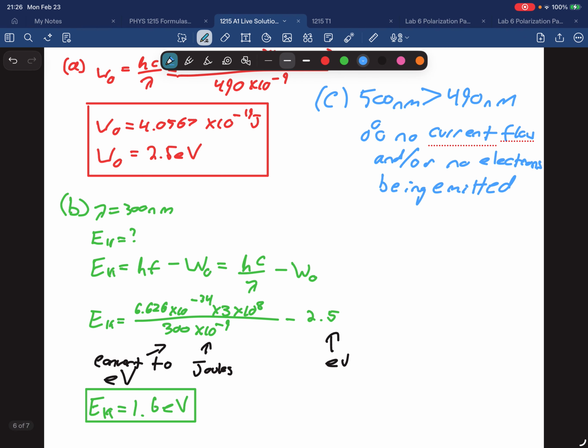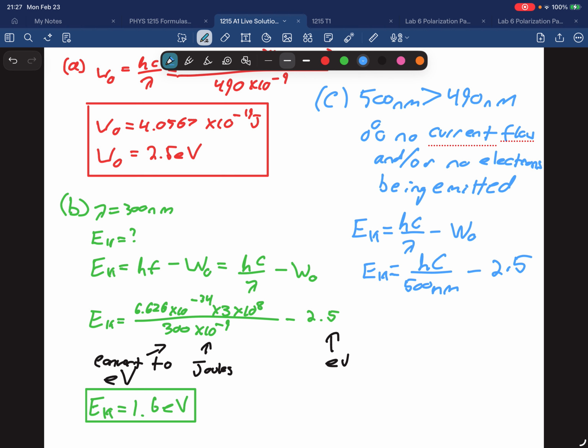If instead you wanted to do the math, it is the exact same as for the part B in green. We get hc. I'm not going to write it out just for the sake of space, but this time it's going to be over 500 nanometers. Again, minus 2.5.